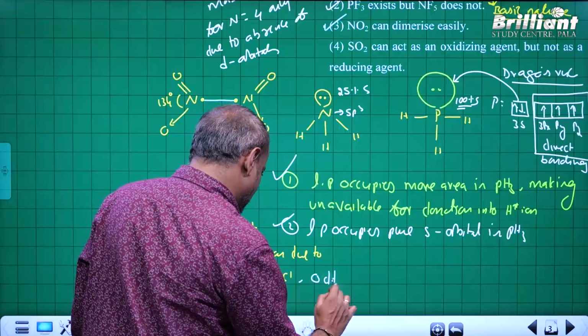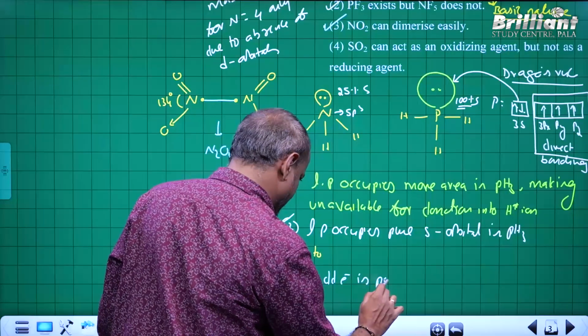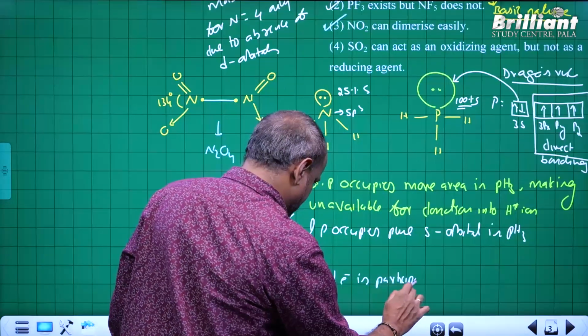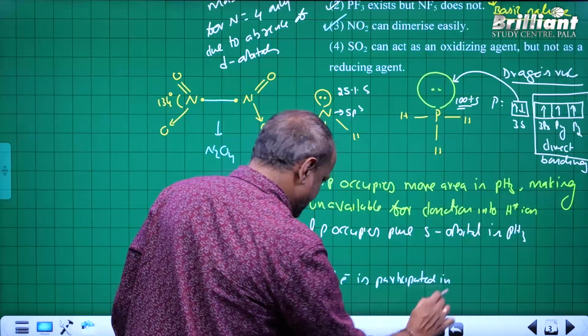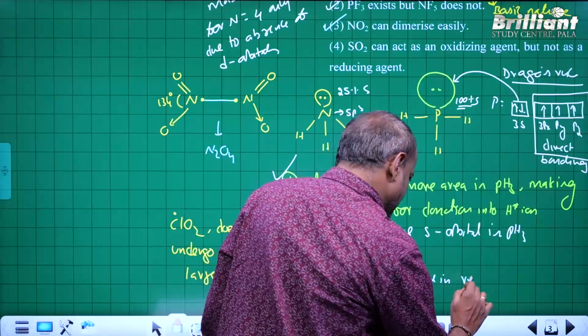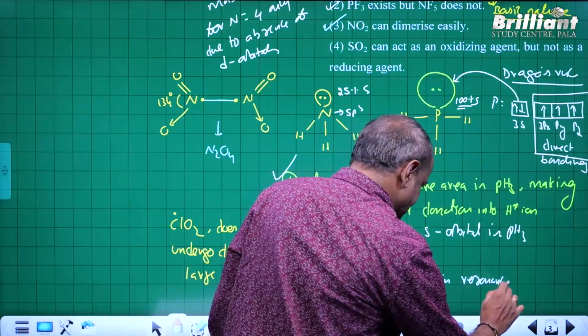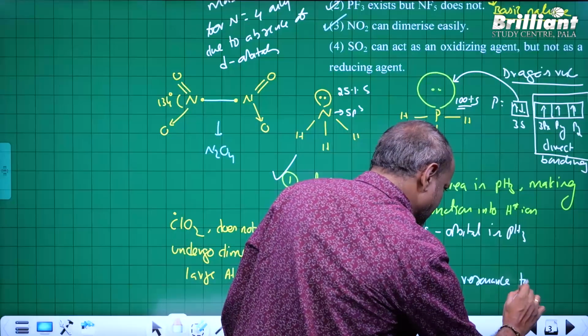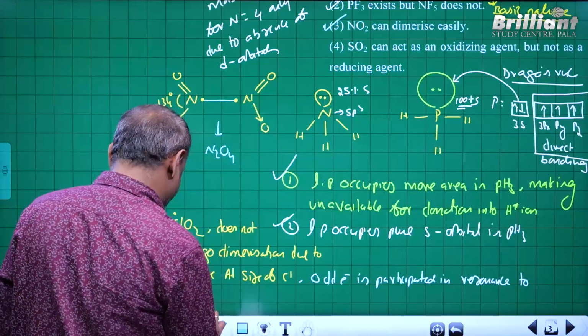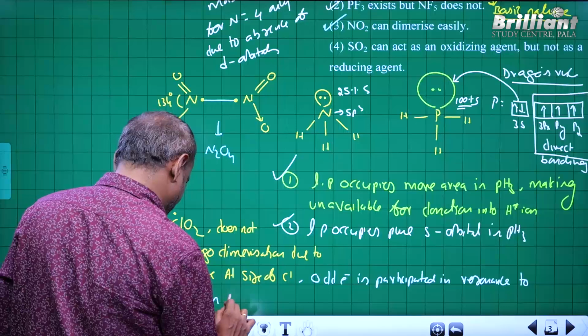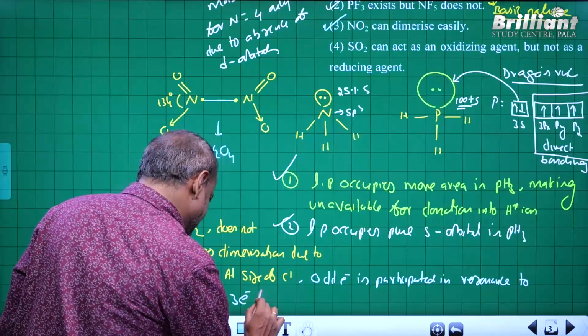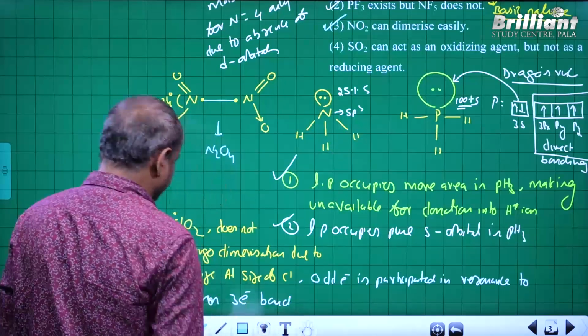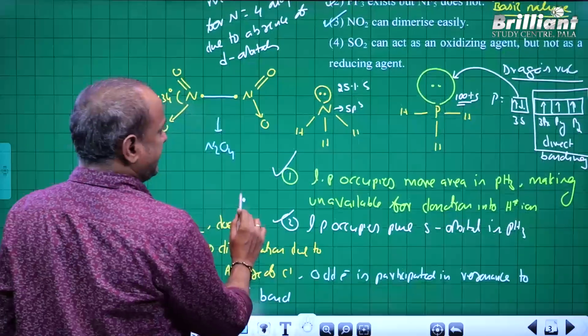The odd electron participates in resonance to form a 3-electron bond.